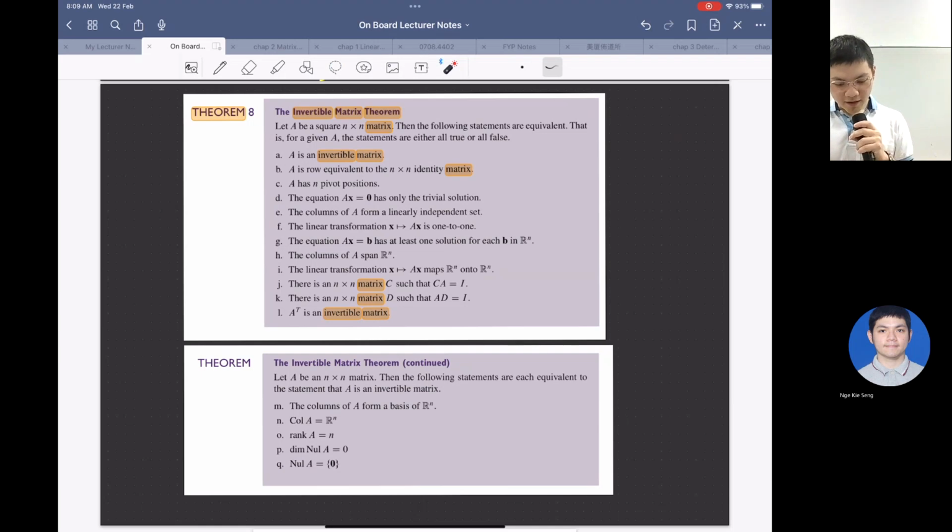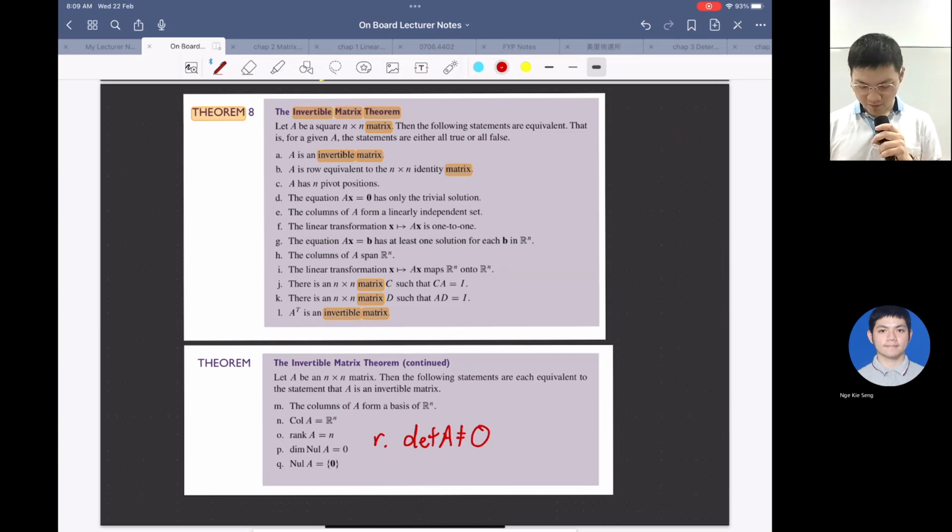Actually, yesterday I counted 18 different ways to say whether a square matrix is invertible or not. Actually, they left out one obvious one that we covered last time. So maybe I can add another one. You can say that if the determinant of A is non-zero, it is invertible as well.